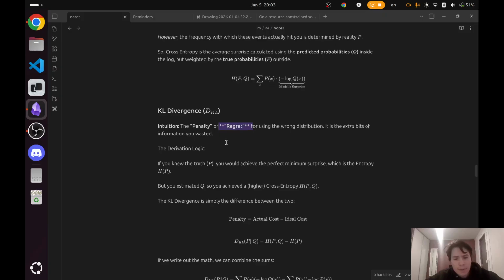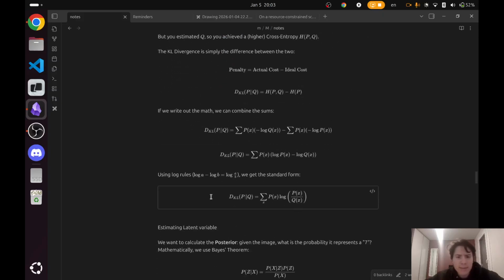I also annotated the actual derivation of it, and this is the formula. There are two ways of thinking about it, I believe. I mean, there are many ways.